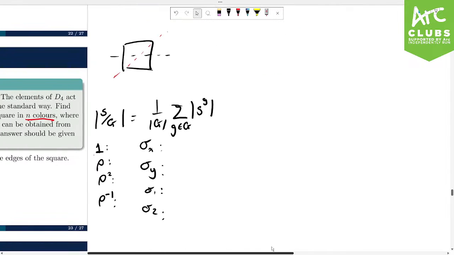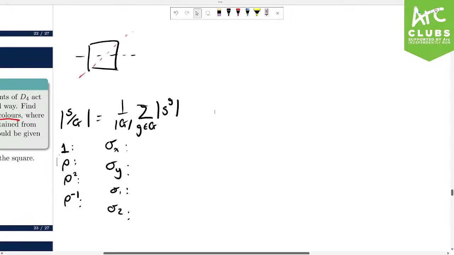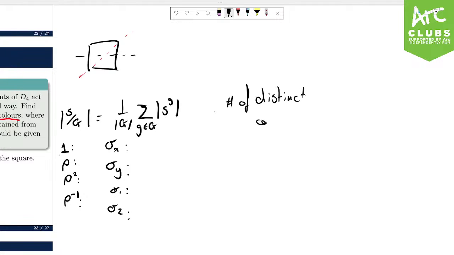So we can actually start filling this in right now. The number of distinct colorings is equal to 1 over 8 times the sum of all of these.